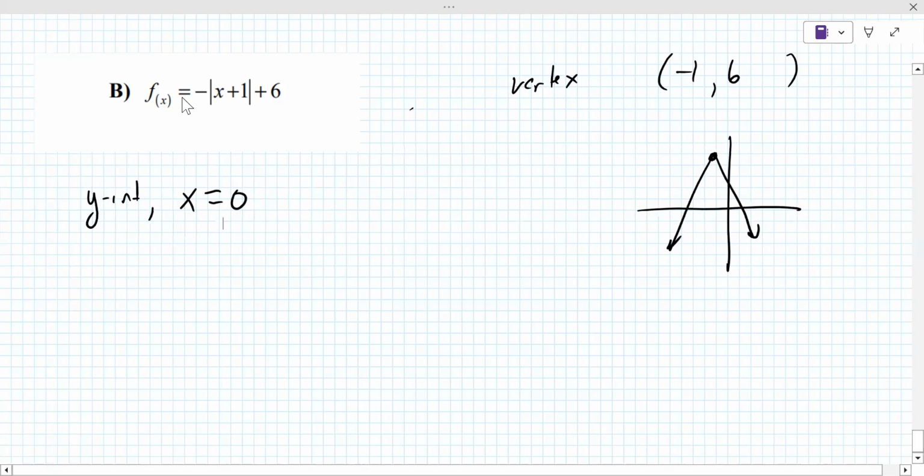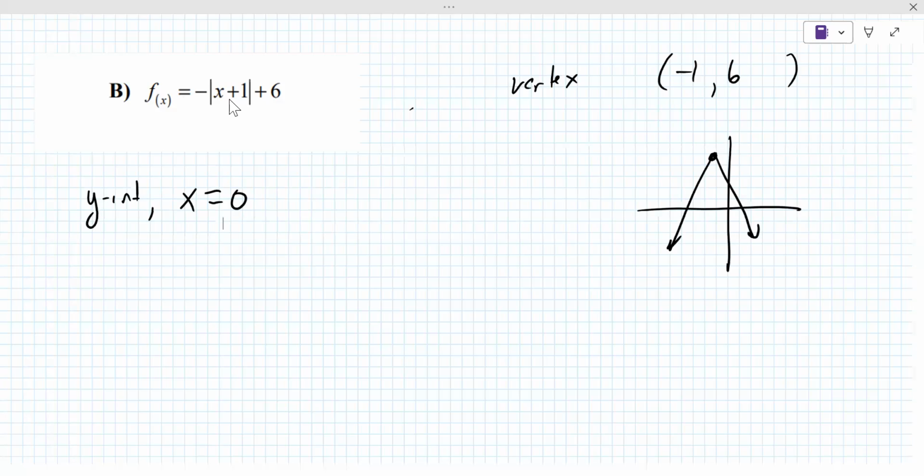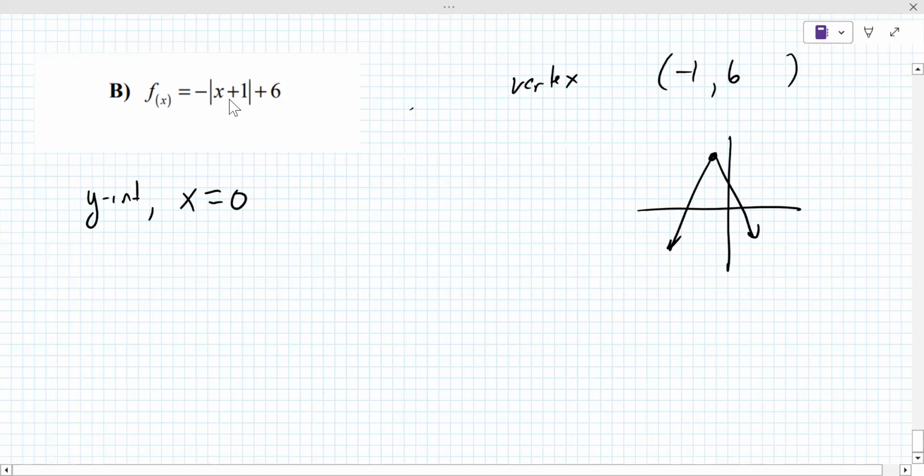The negative comes after you take the absolute value. Keep that in mind. Would it be -7?